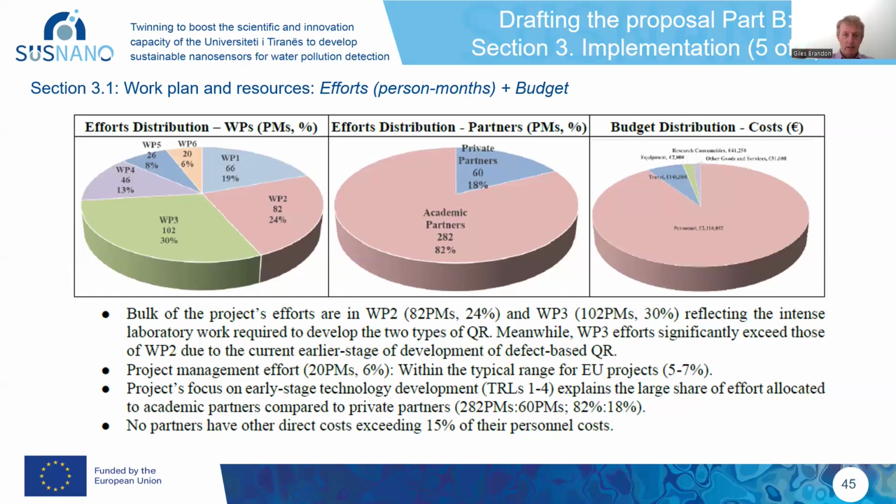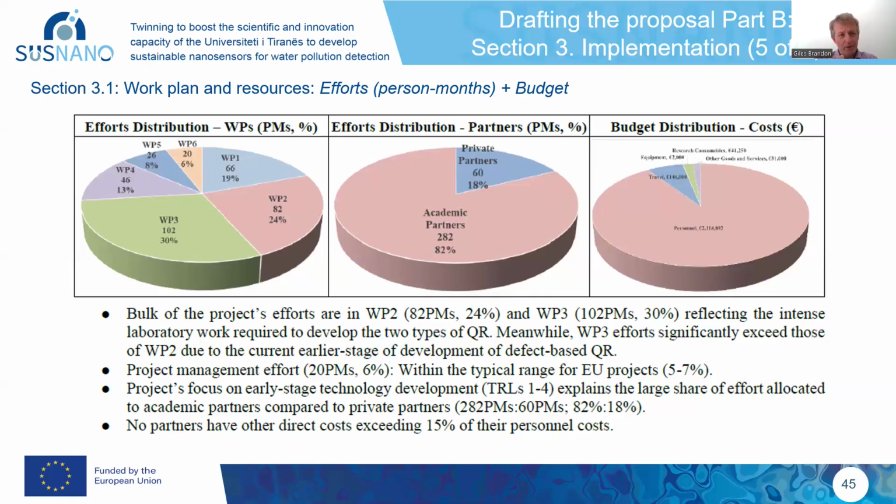Of course, as in this particular example you see here, they had over 80%. It's really rather a lot compared to the private partners. If you have this sort of relative extreme case, then make sure you write some words to explain why it was necessary. In this particular case, we argued that the project was dealing a lot with very low TRL levels, TRL level 2 and 3, and therefore this research type activity naturally lent itself to be done by the academic partners.